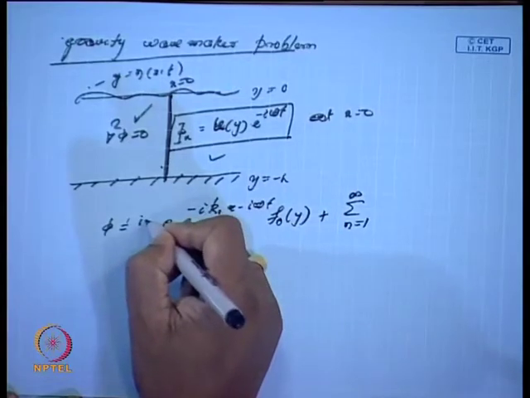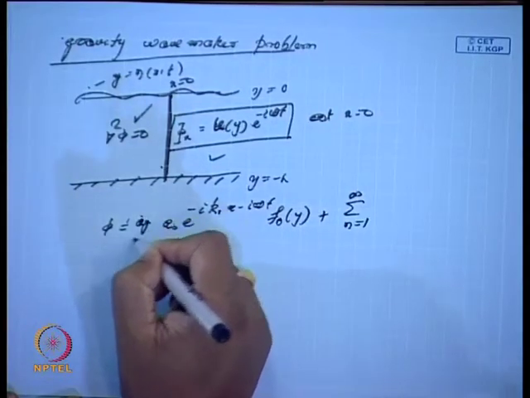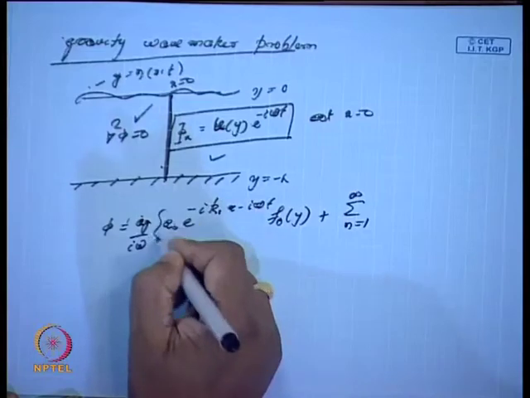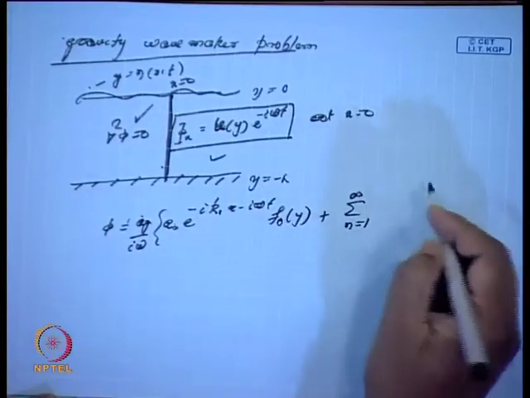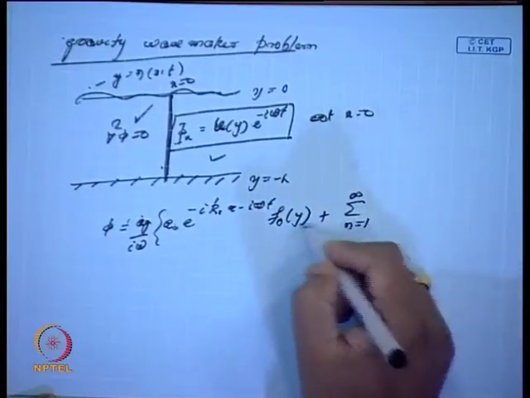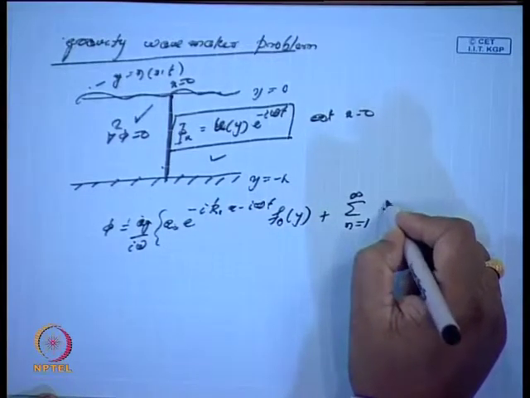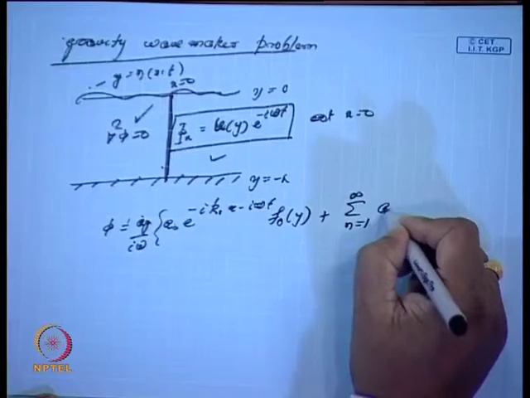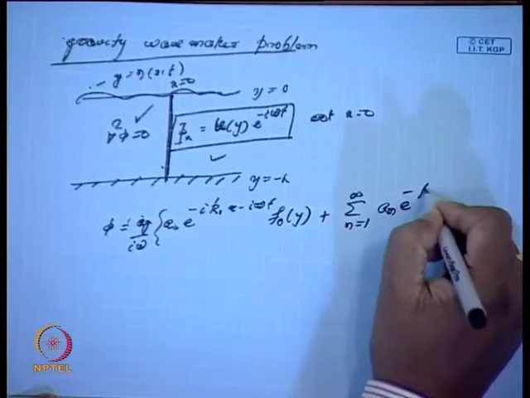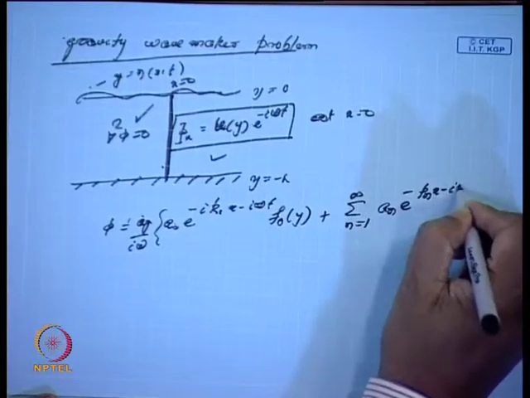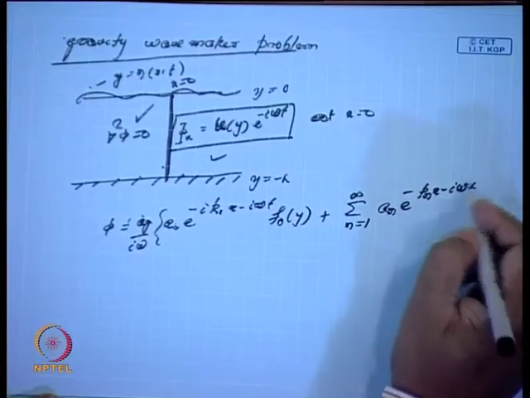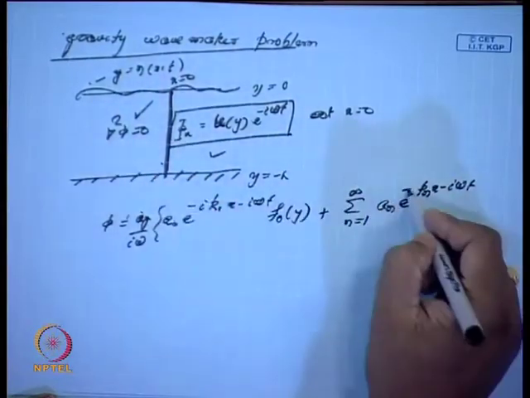I will say A g by i omega, this is a common term, it will be throughout, f0 y plus sigma n is equal to 1 to infinity, and this will be A n into e to the power p n x minus i omega t. This is minus, so this will be plus.